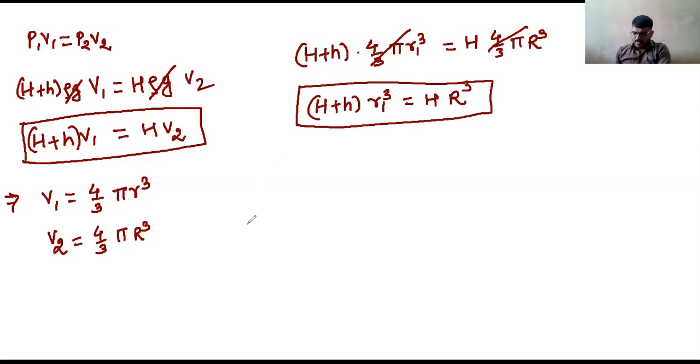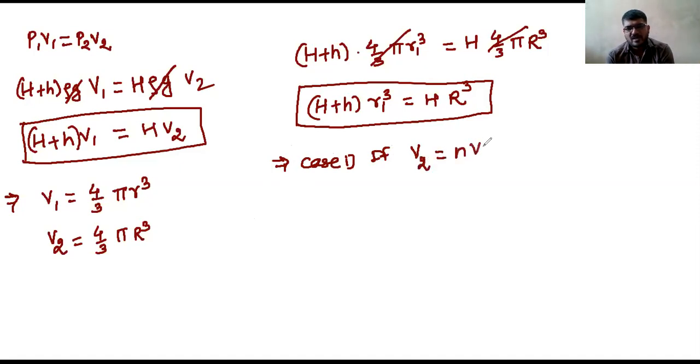Okay. Next one. Suppose V2 is equal to n times V1, like that they have given. So here I am writing the case: if V2, we have to say, right? V2 is bigger, yes or no?